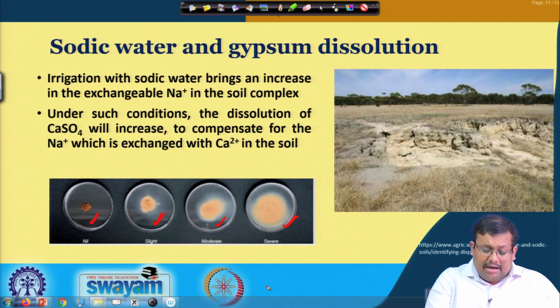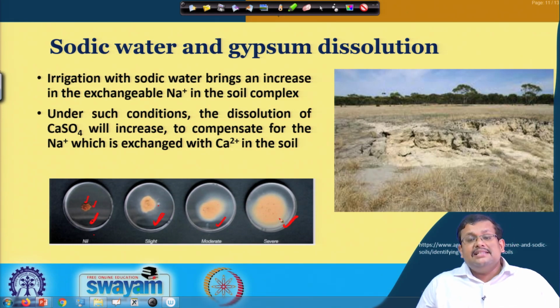So, from this soil to this soil, there is a continuous increase in sodium concentration. As a result, the degree of dispersion is also continuously increasing with the increase in sodicity. Here this soil is highly aggregated, and these soils are increasingly disaggregated.